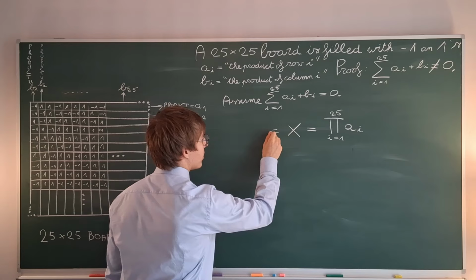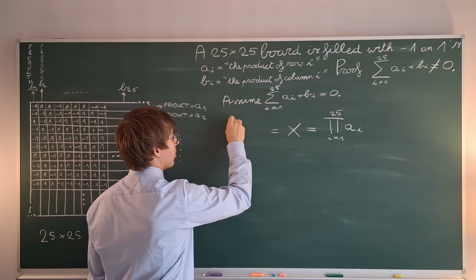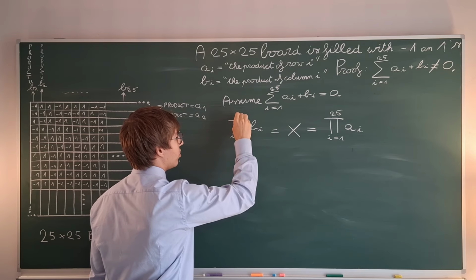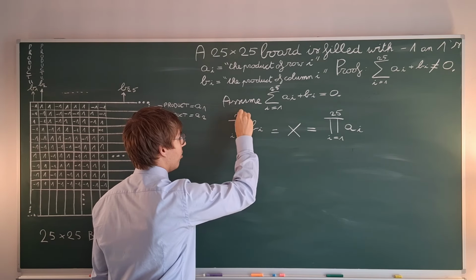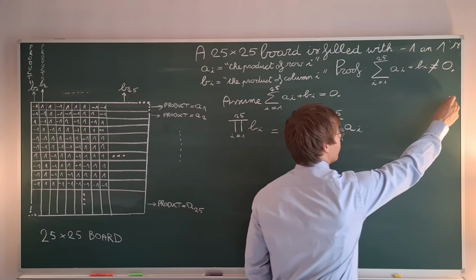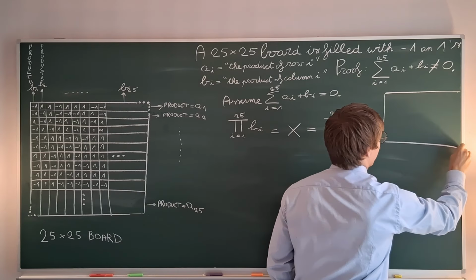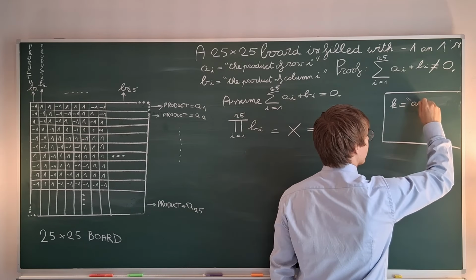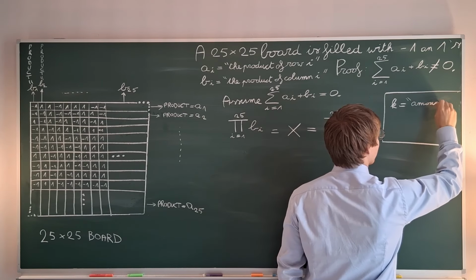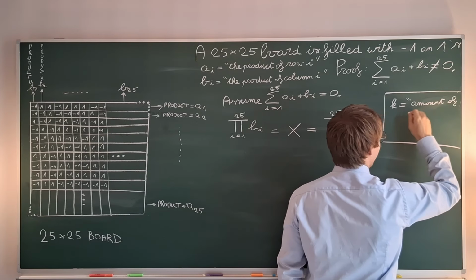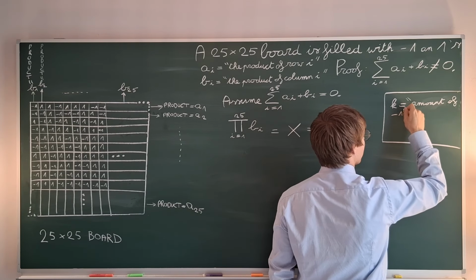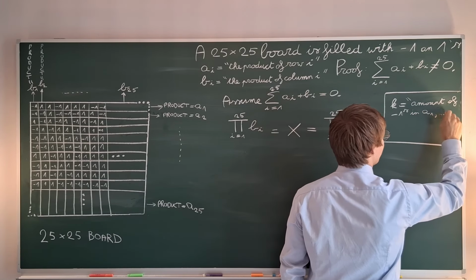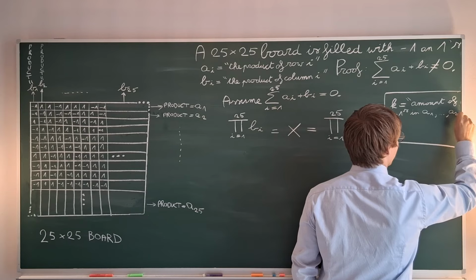But we can do the same with the B's: the product of Bi from i equal to 1 to 25. And let me introduce two new symbols. Let K be equal to the amount of negative ones in A1 to A25.